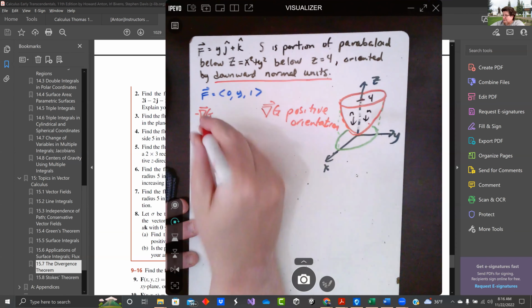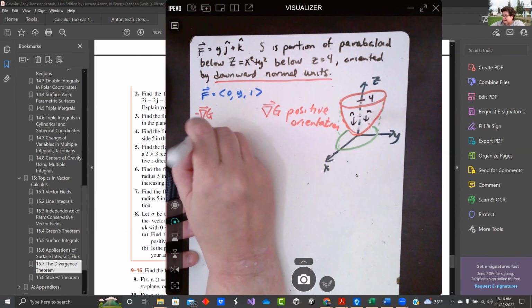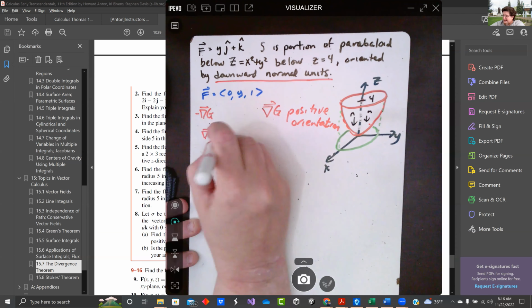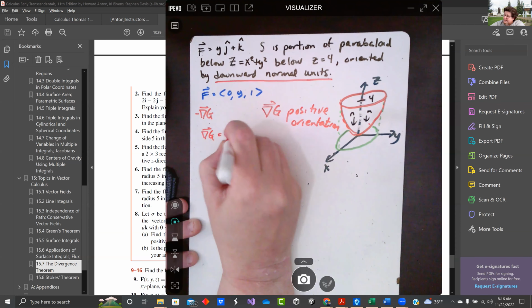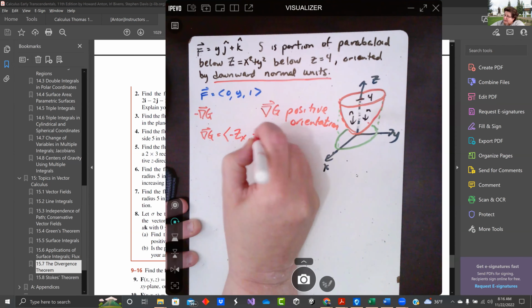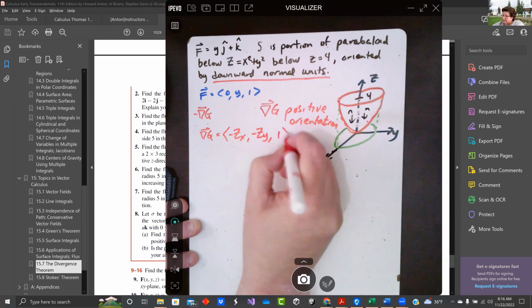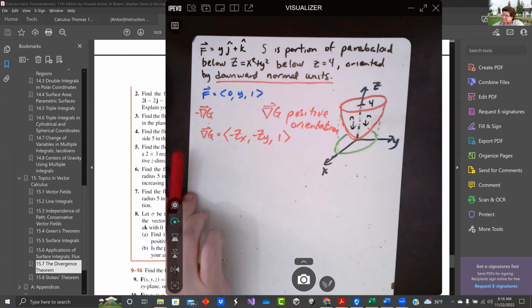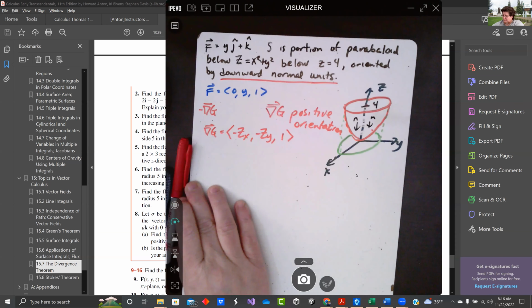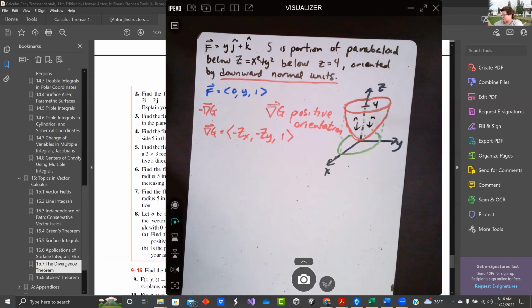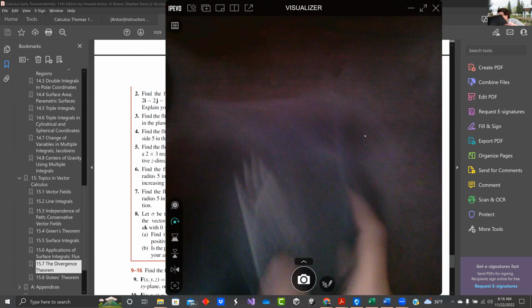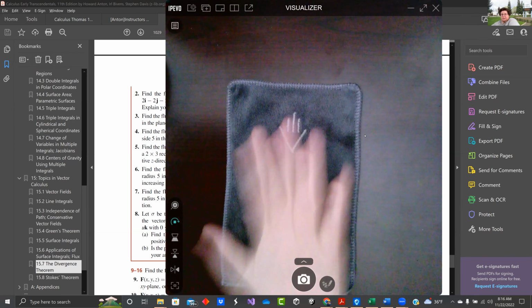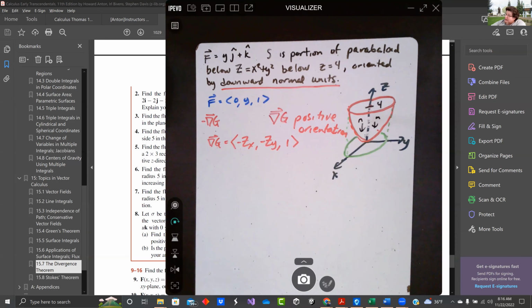Regular grad G, when we have Z, is negative Z_x, negative Z_y, 1.